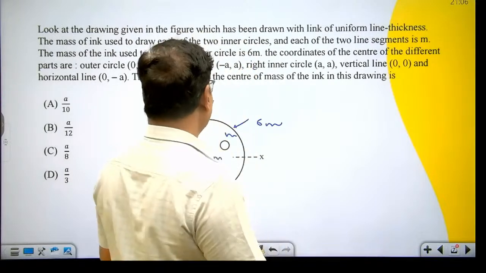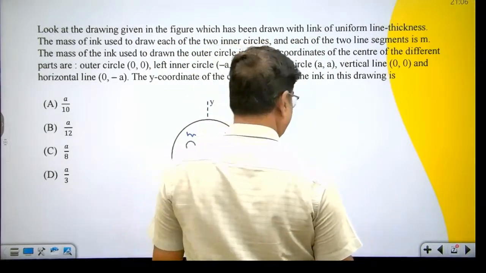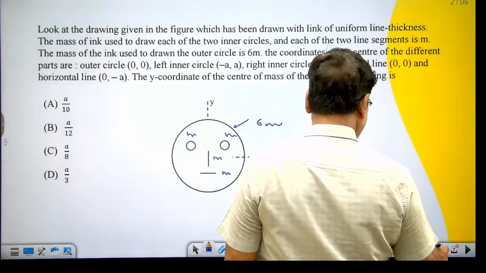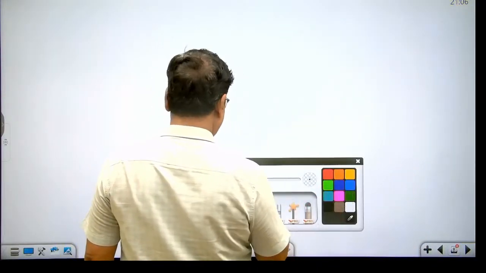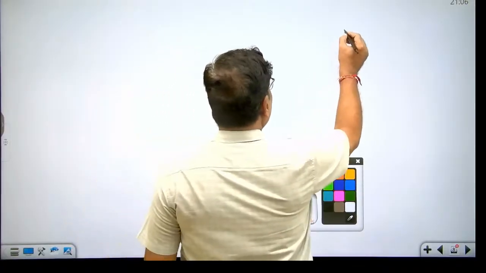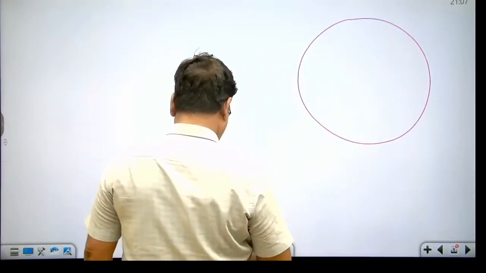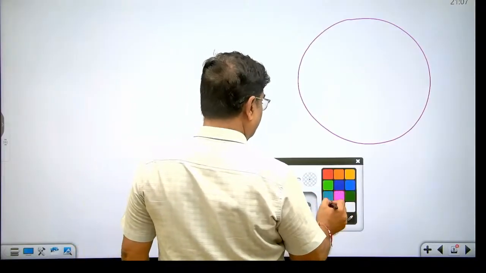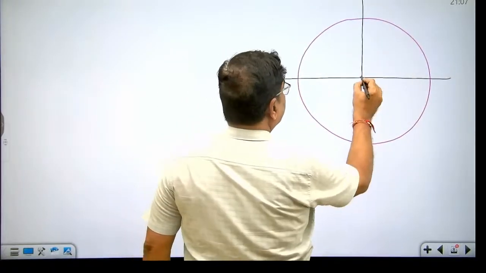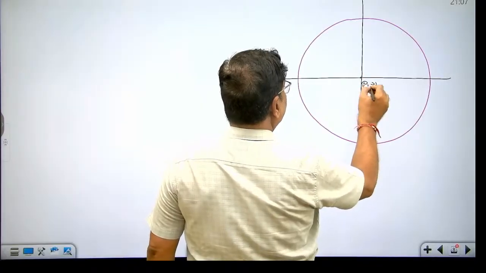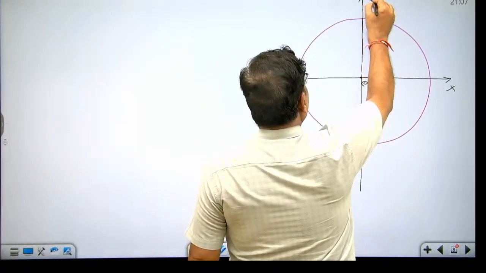Now let's start. 1, 2, 3, 4, 5 things are there. This is our drawing, and this is center 0, 0. This is x direction and this is y direction.